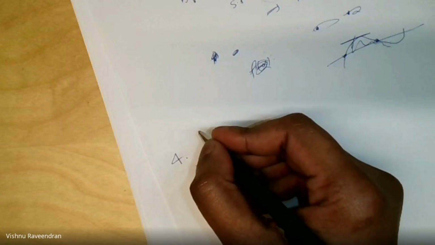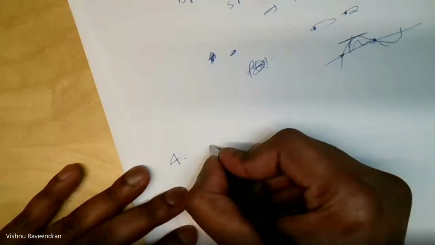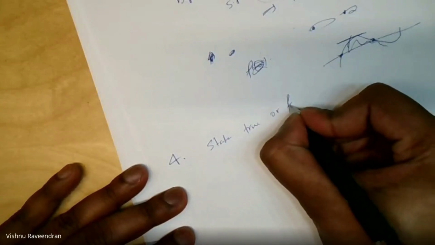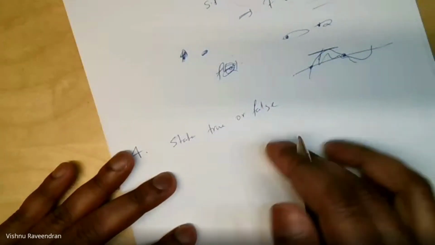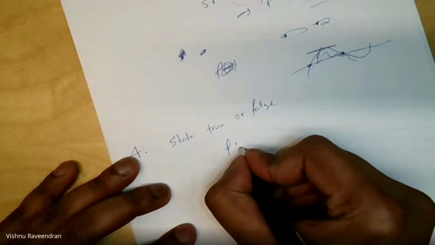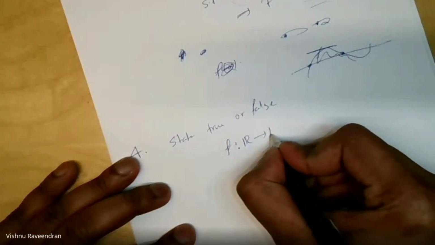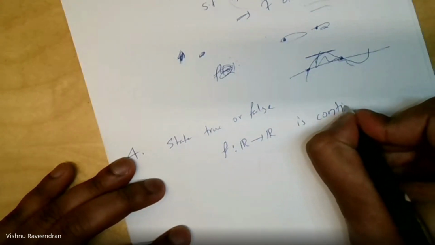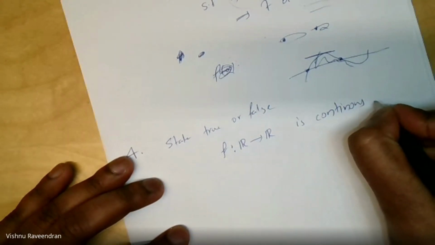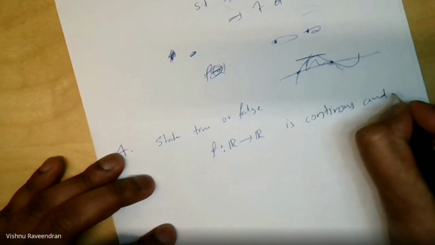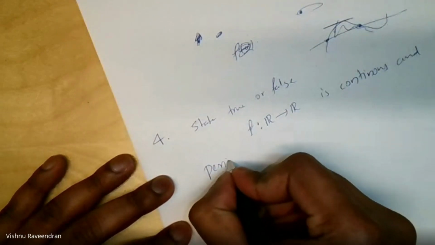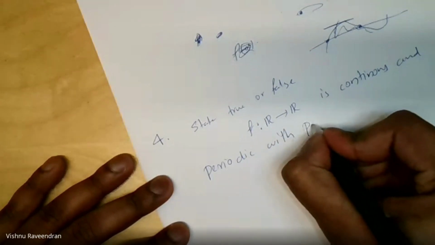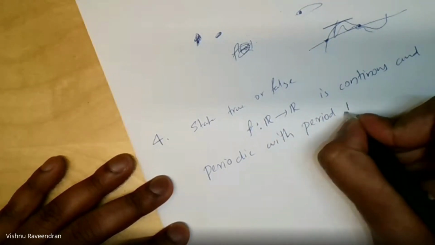This is also state true or false? F defined on R to R is continuous and periodic with period 1.